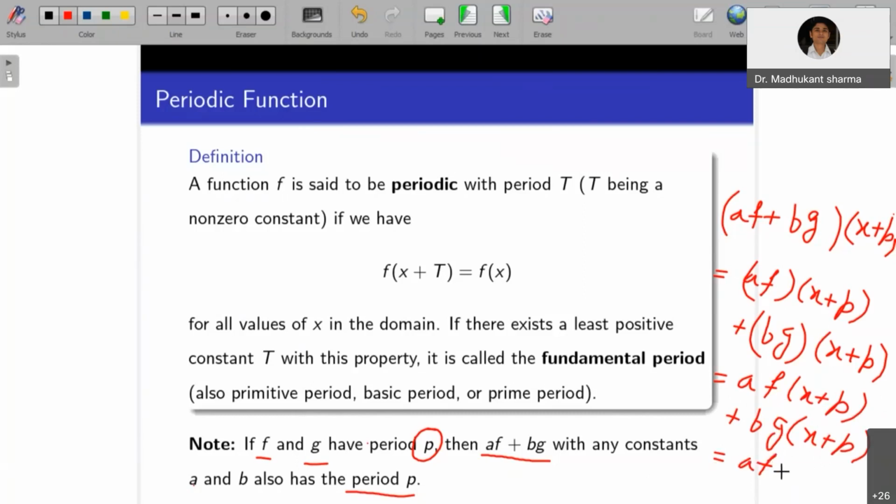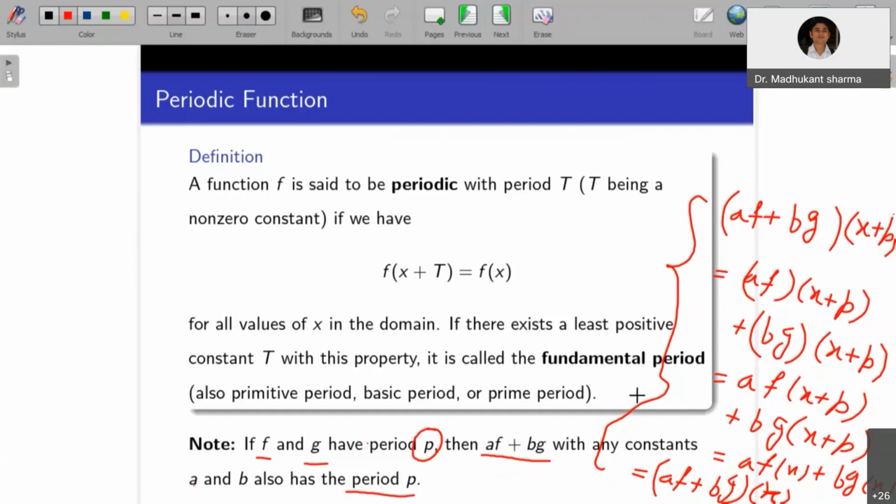So this is equal to a f of x plus b times g of x, and that you can certainly again rewrite as af plus bg of x. So this small evaluation shows that af plus bg also has the same period.